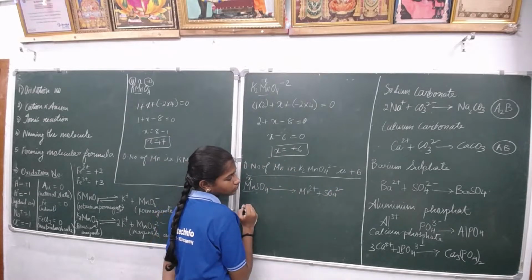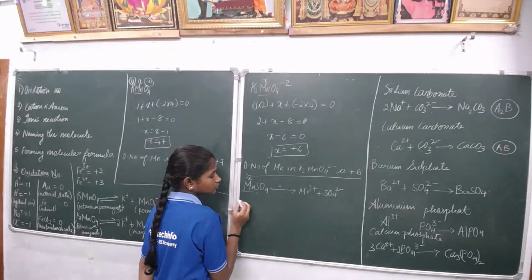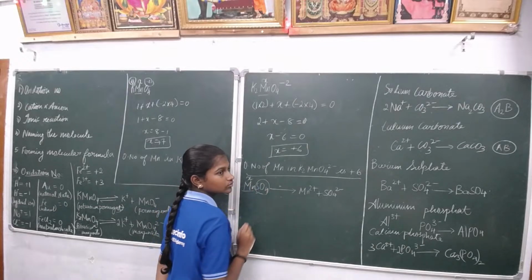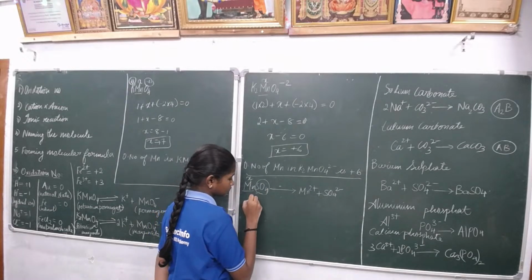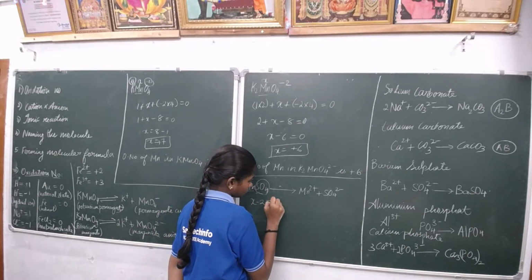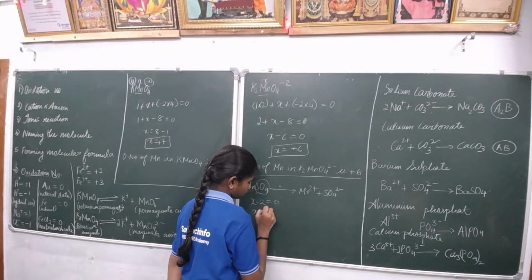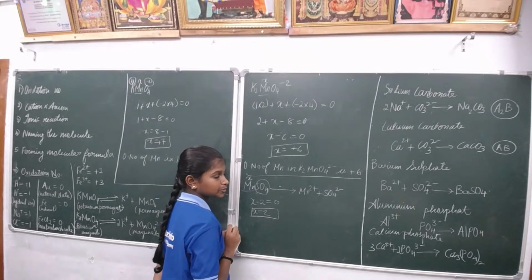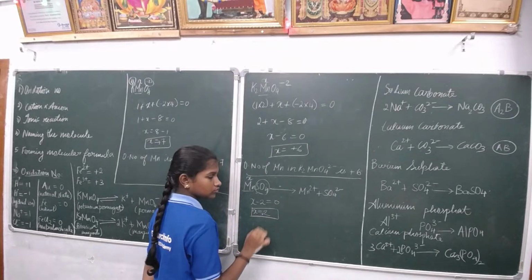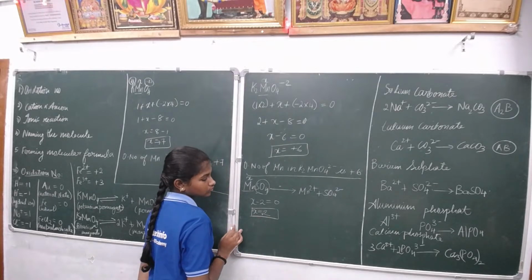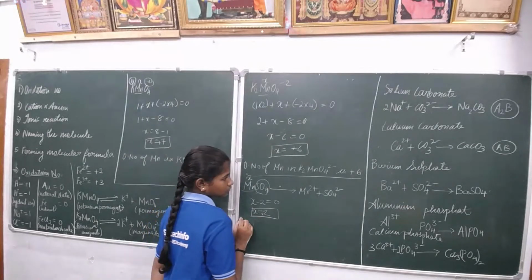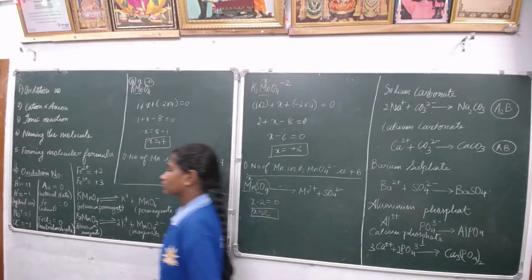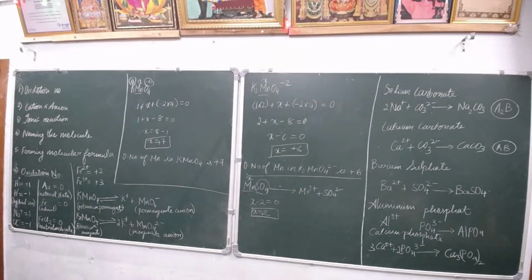For SO4, the oxidation state is minus 2. So X minus 2 is equal to 0 means X is equal to plus 2. Are you able to follow? Now let us find out the oxidation state of sulfur in H2SO4. Put sulfur as X.